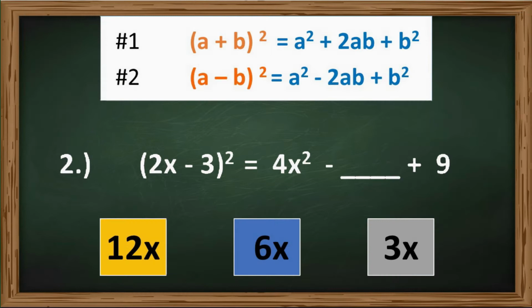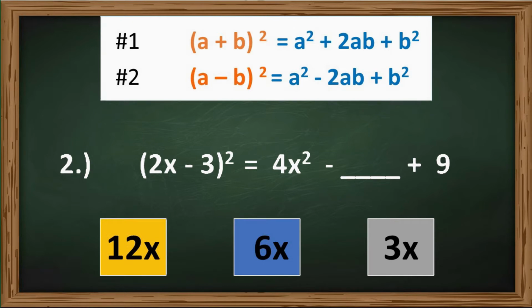For number 2, quantity 2x minus 3 squared is equal to 4x squared minus blank plus 9. What will be the middle term of the product?